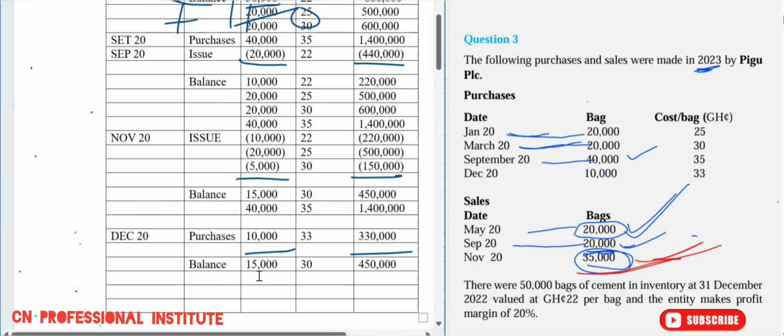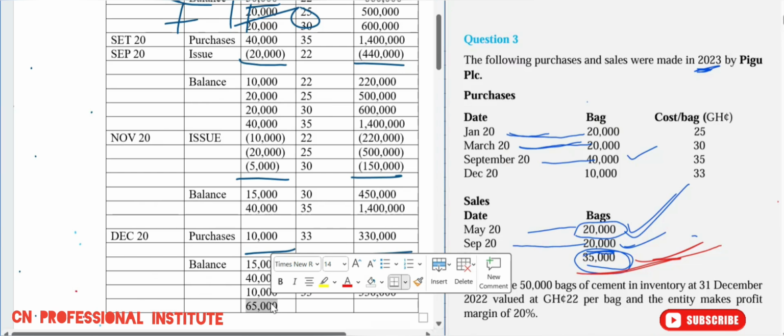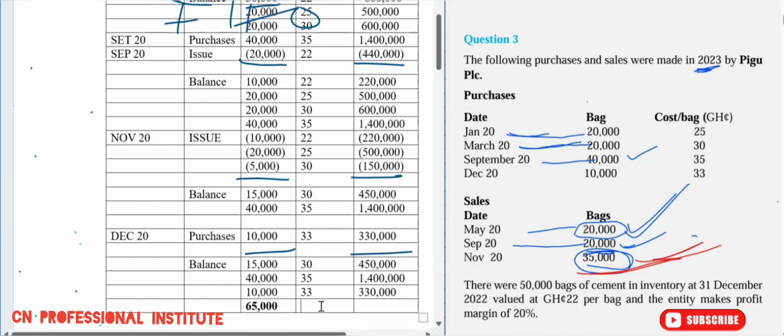And then the 40 at 35, which is 1,400,000. And then the 10,000 we just purchased, so 10,000 at 33, and that will give us 330,123. So summing all, we have 65,000 units in all, but it has different prices. So we have 65,000 units as the closing units, at different prices.